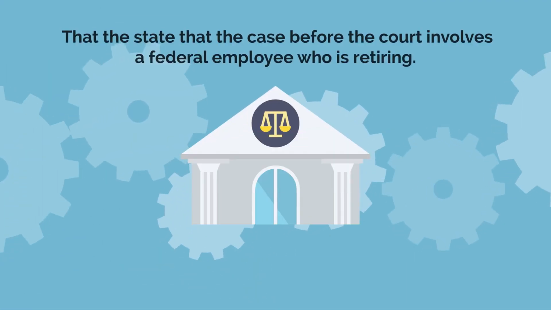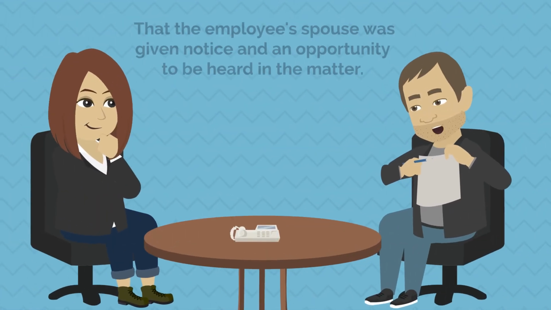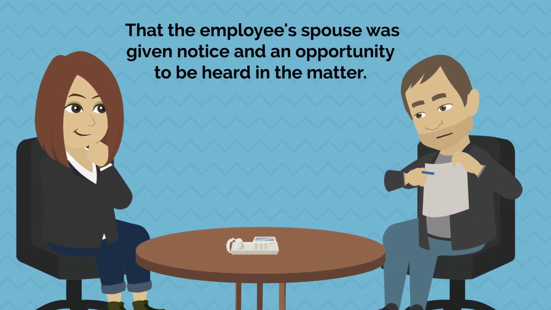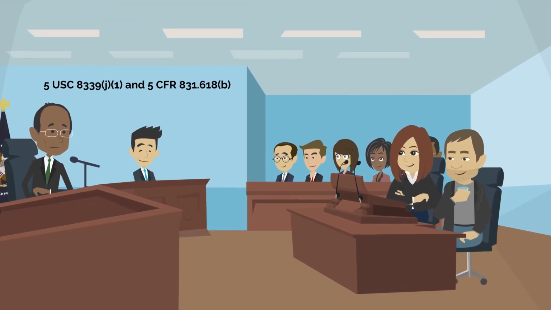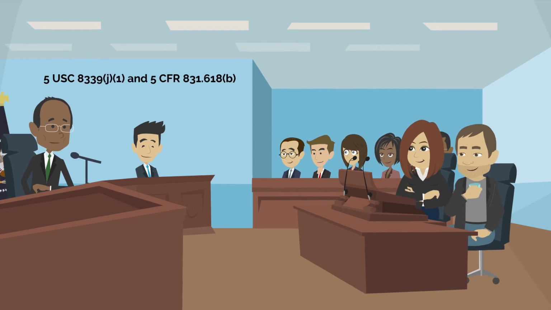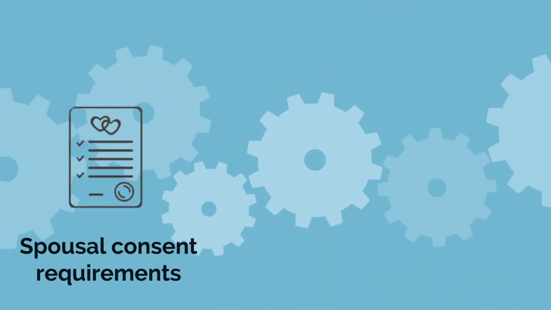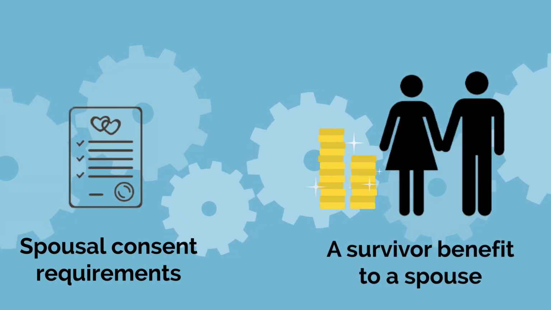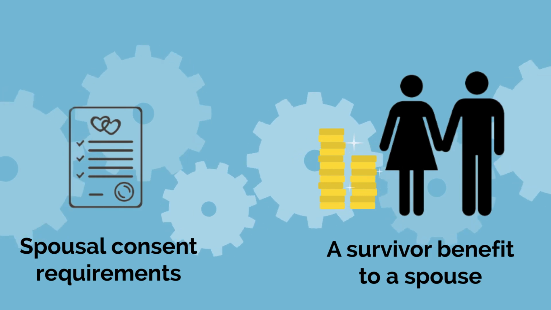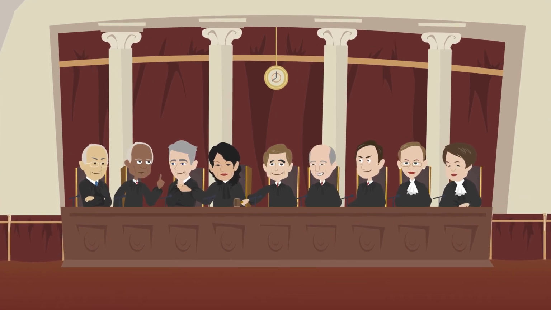The order must state the following: that the case before the court involves a federal employee who is retiring, that the employee's spouse was given notice and an opportunity to be heard in the matter, that the court considered 5 U.S.C. 8339(j)(1) and 5 CFR 831.618(p) as it relates to a waiver of the spousal consent requirements for a married federal employee to elect an annuity without reduction to provide a survivor benefit to a spouse at retirement, that the court finds that exceptional circumstances justify waiver of the spousal consent requirement.